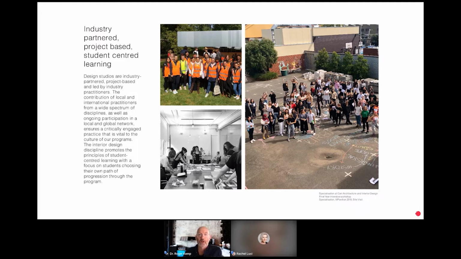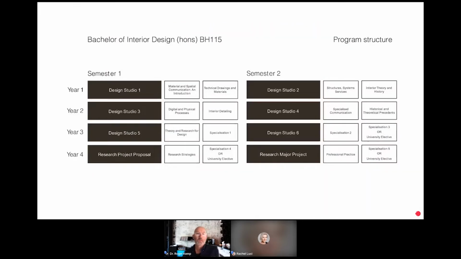So with the Bachelor of Interior Design, it's a 4-year embedded honours program. Those 4 years are critical in developing the base level of qualification, but our honours that is embedded ensures that there's a 4-year degree, and that pushes through into the Master's program as well to complete a 5-year overall Master's.